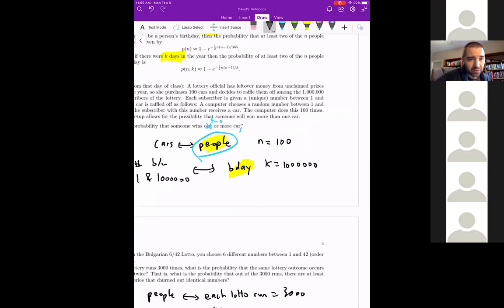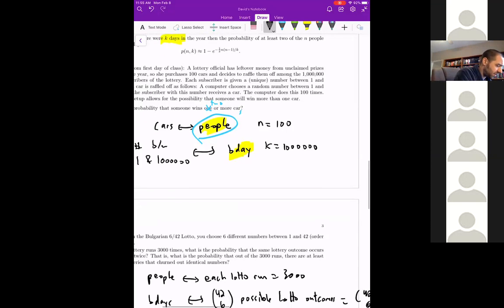So now I have my old formula up with 100 and a million or whatever, right? So now I have 3,000 people, and then 42 choose 6. And Wolfram gives me roughly 58%.